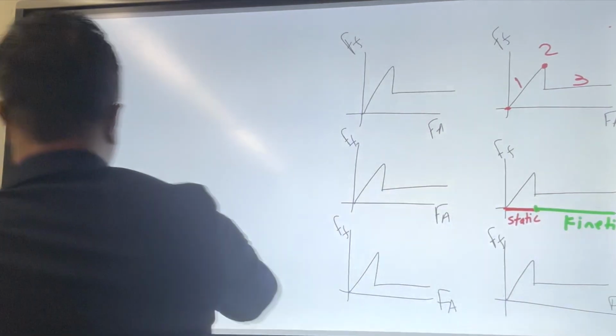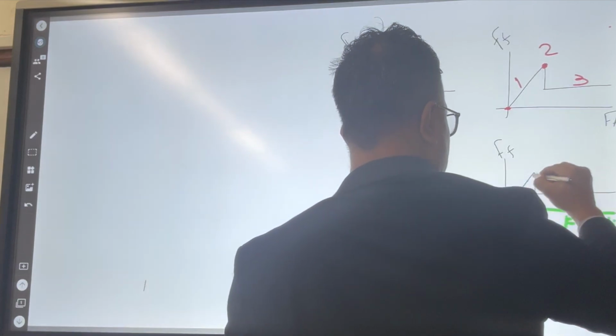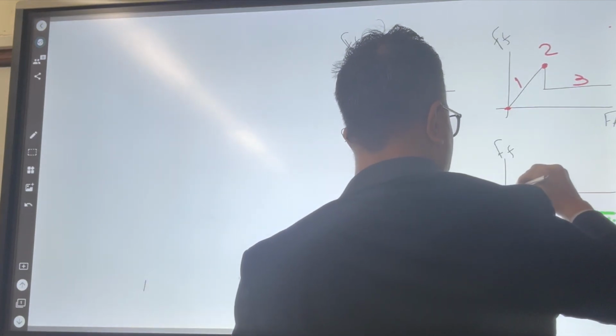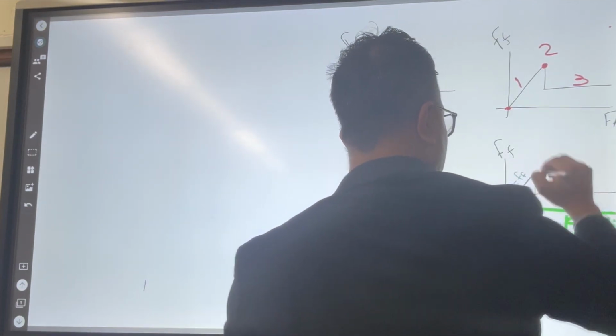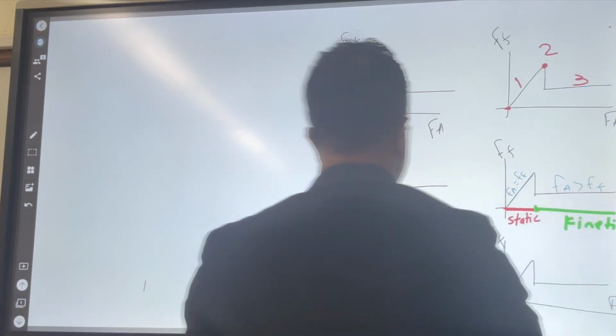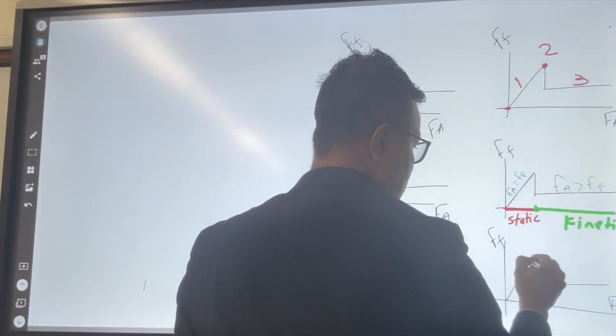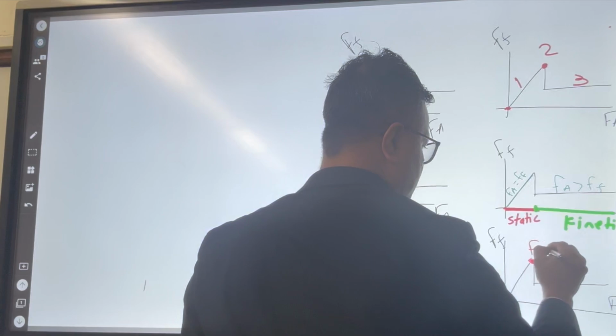Why is that? Because from here to this one, FA is equal to FF. This one, FA is greater than FF. This one is FS max.